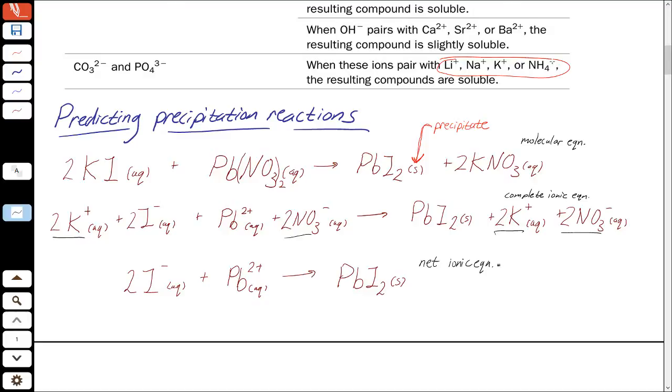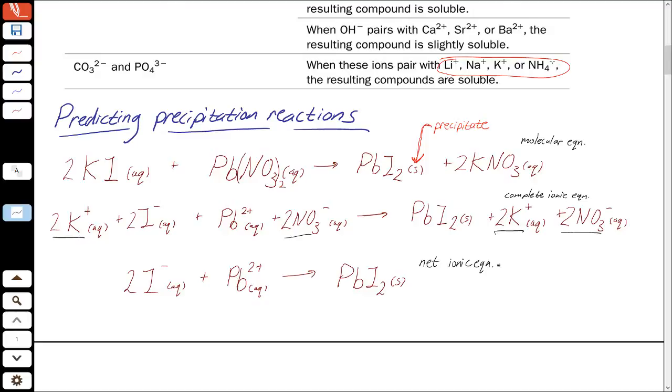Oh. So nothing's actually happening to the potassium and nitrate ions. They're still just hanging around in solution. So yes, that's one reason that the molecular equation is a little bit misleading, because it looks like we're making a new substance called potassium nitrate, but we're really not. It's just the potassium and nitrate ions are still in solution. So that's why we do that.